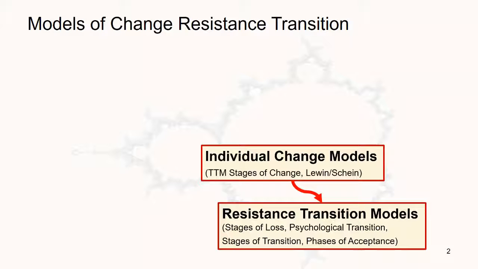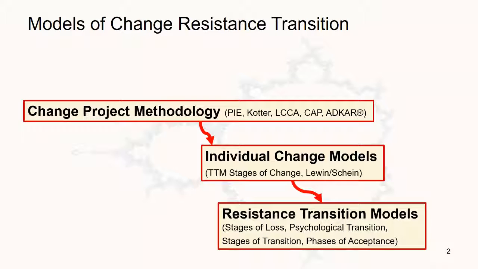But these models really are subordinate to how individuals change. The stages of change that people go through individually creates instances of resistance so that you have a broader perspective of individual change with a subordinate or embedded resistance models.